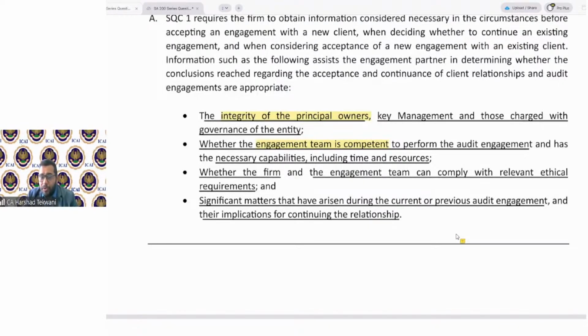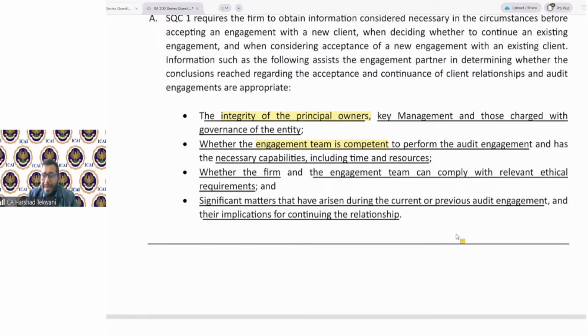But you don't have enough resource or the team size to perform the audit, or some of the transactions require some special skills, might require some special valuation skills or some technical skills, analysis not from the accounting side but from the understanding of business side. Let's say, for example, you are doing the audit of petrol and oil.